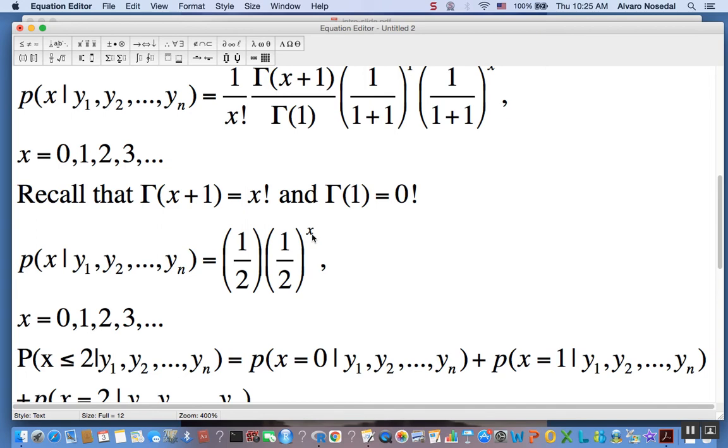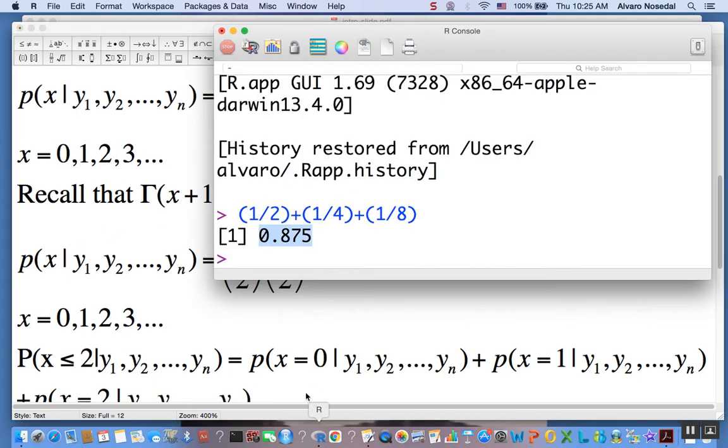However, if you redefine that discrete random variable, instead of the number of trials until your first success, as the number of failures before your first success, then this is the expression that you end up with. Okay? So let me show you something interesting here.